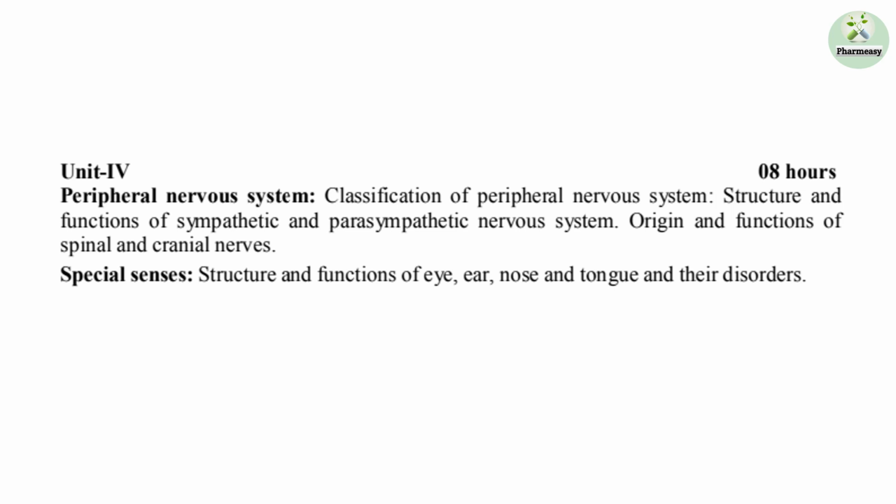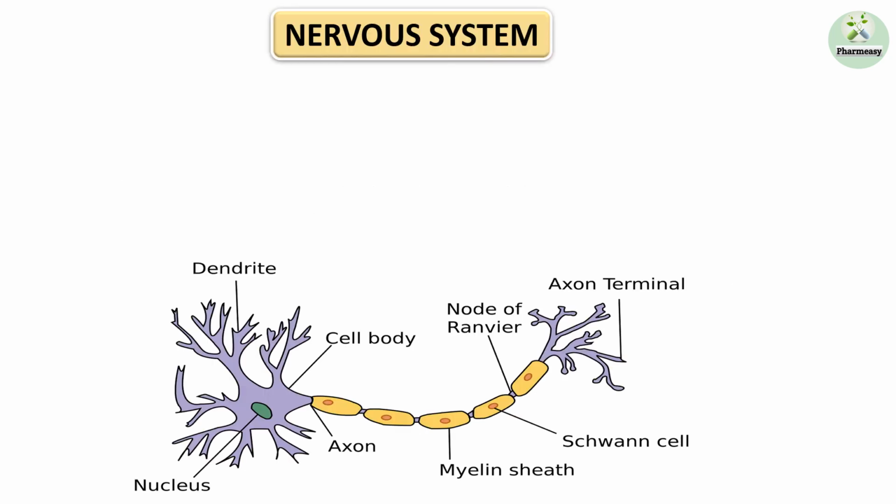The second part of the lecture will be special senses, which will include the structure and functions of eye, ear, nose and tongue along with their disorders. So, let's start the lecture.